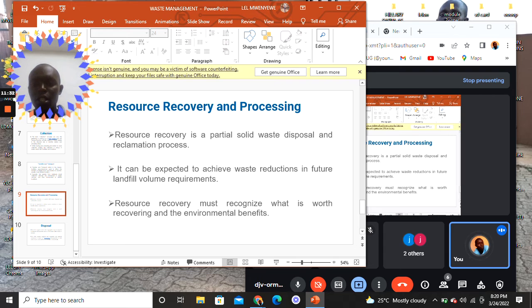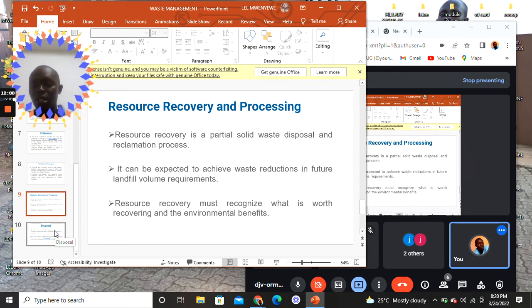It can be expected to achieve waste reduction in future land volume requirements. Resource recovery must recognize what is worth recovering and the environmental benefit. Resource recovery can also be where resources are turned into valuable energy.